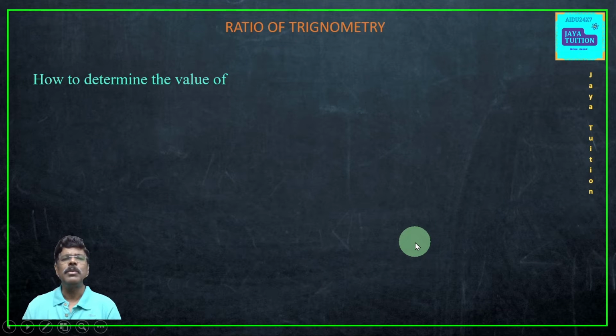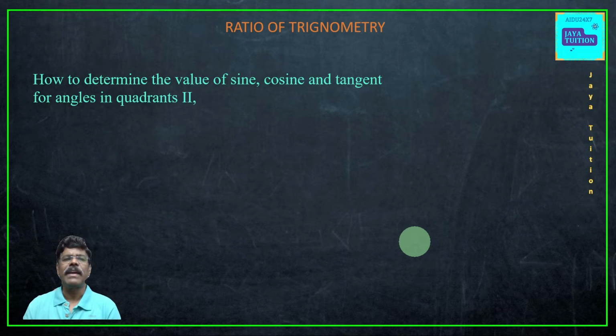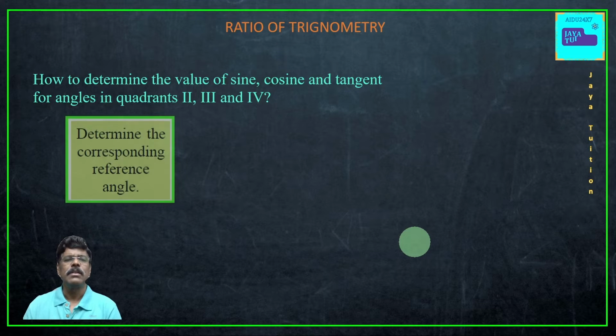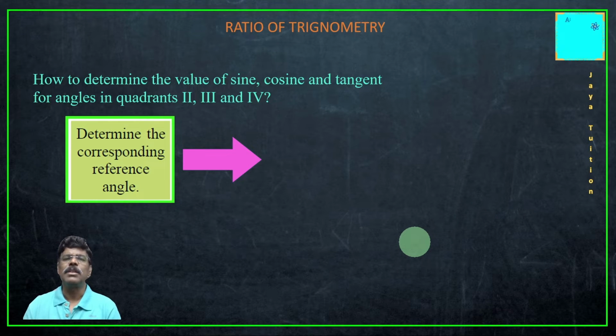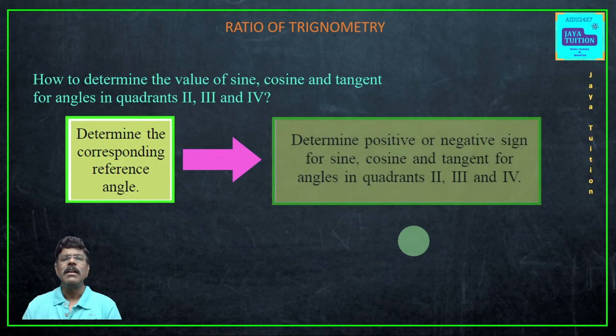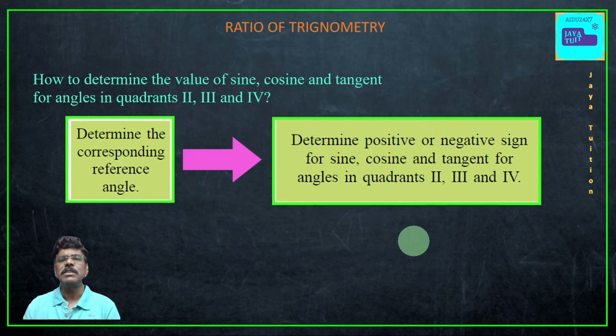Now, how do we determine the values of sine, cosine and tangent of angles in the second, third and fourth quadrants? First and foremost, determine whether the point is in the first, second, third or fourth quadrant, and determine the corresponding reference angle alpha. Then determine whether the sign is positive or negative for sine, cosine and tangent by using All Silver Teacups.